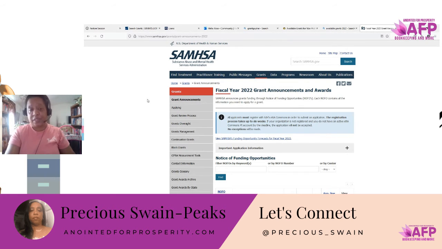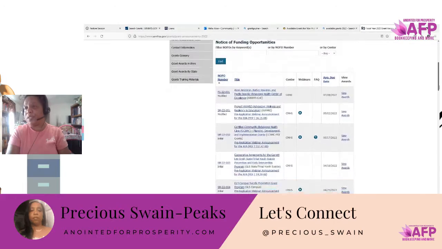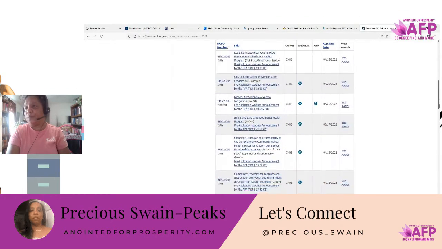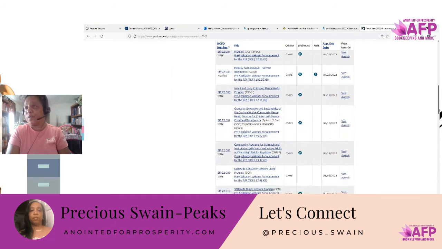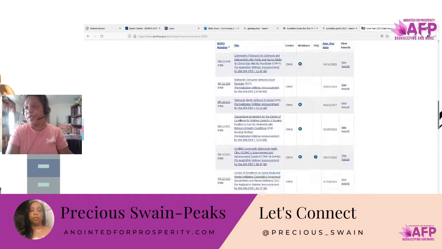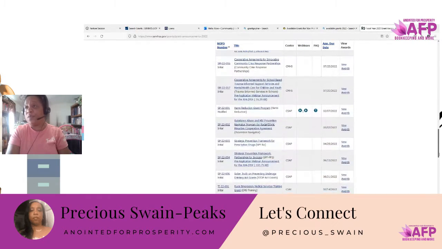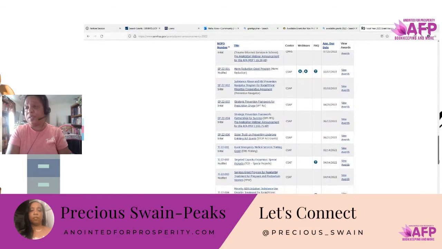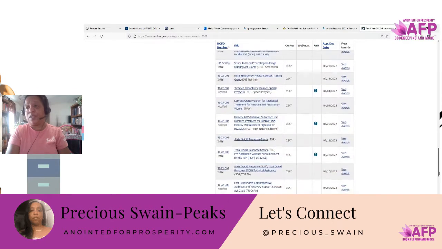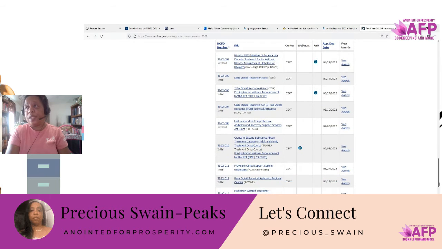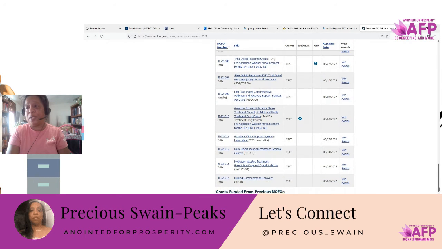You see a listing of the grants that they have available for those that offer these services. Quite a bit, probably more than we would have expected. So there's grant money available. There needs to be people to go in and apply for it.